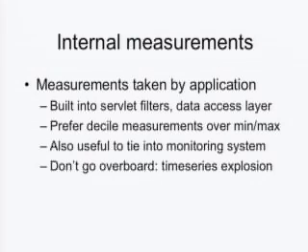You can take these measurements, export them somehow into your monitoring system and say, okay, I have an automated system that says when the 80th percentile response time goes above 400 milliseconds, I get a page. And that's kind of cool because you can respond to it faster than somebody picking up the phone and calling you and saying, hey, your web app is slow. And again, when you're doing internal measurements, don't go overboard. You can take the simplest Hello World application, and you could collect megabytes and megabytes of data about its performance.